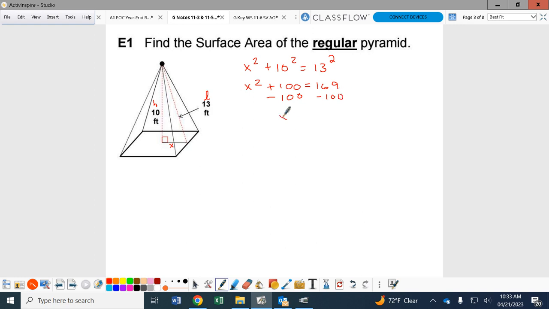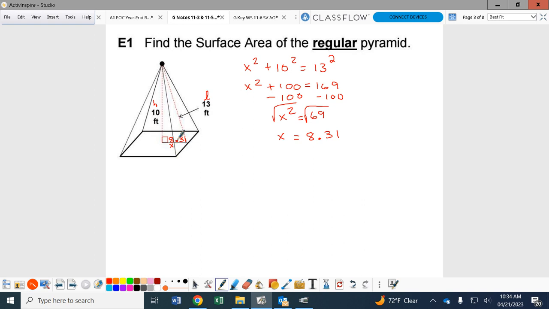It's going to make it x squared equals 69. Take the square root. I need that number to 2 decimal places on this calculator. Do the square root of that and give me 2 decimal places. What's that give you? 8.31. That's going to be this distance right here.